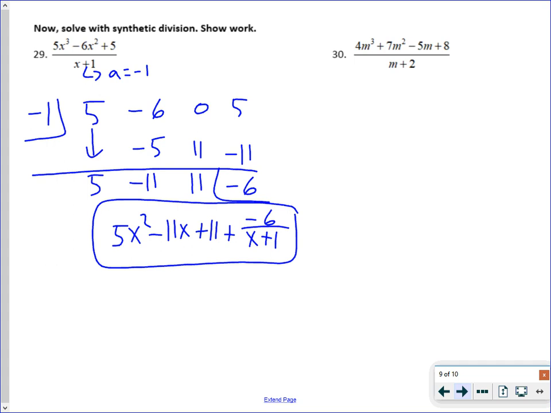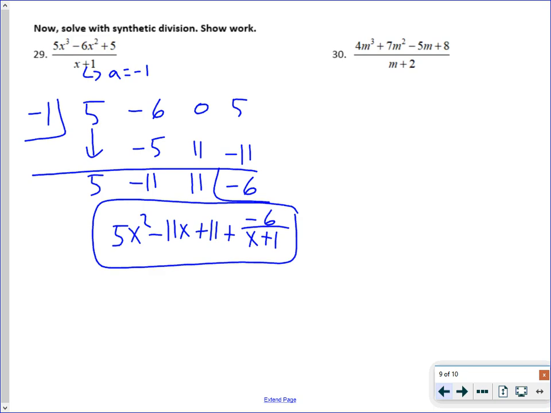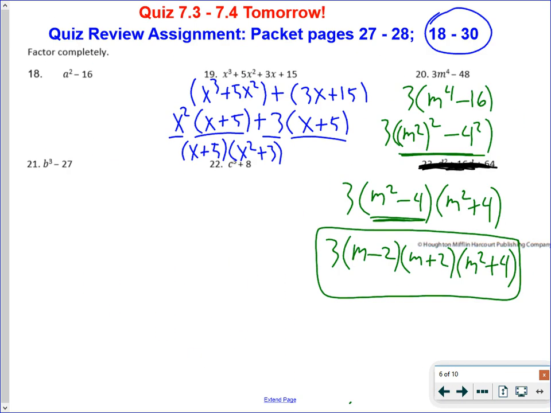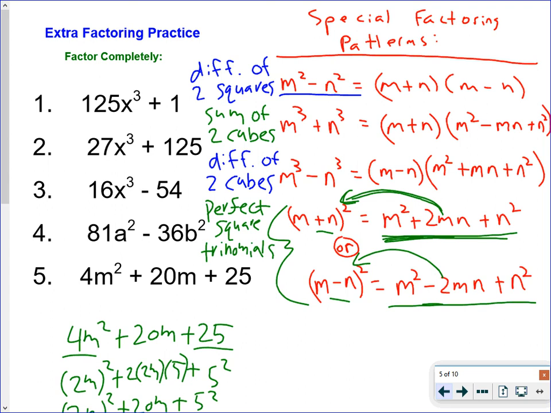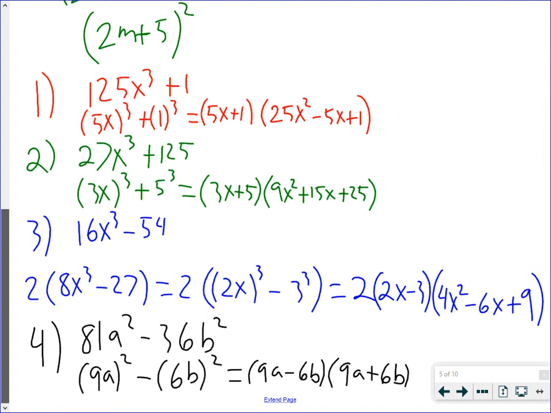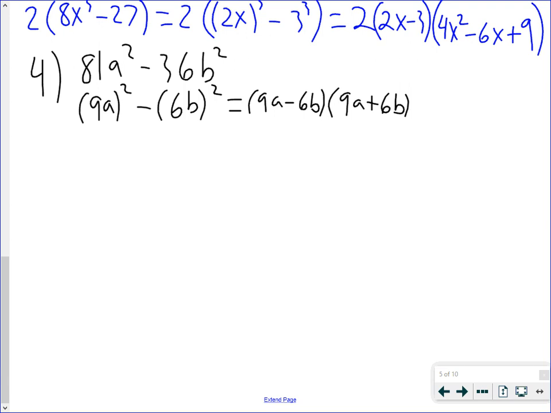All right. So that's pretty much everything from the review that we talked about. One quick thing I want to touch on again on this slide is that you should also be able to recognize the special factoring patterns, even if we don't explicitly say x squared minus 16, for instance, for the difference of squares. Or in other words, you should be able to recognize something like this.